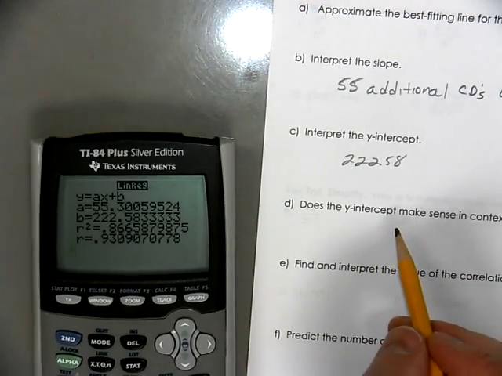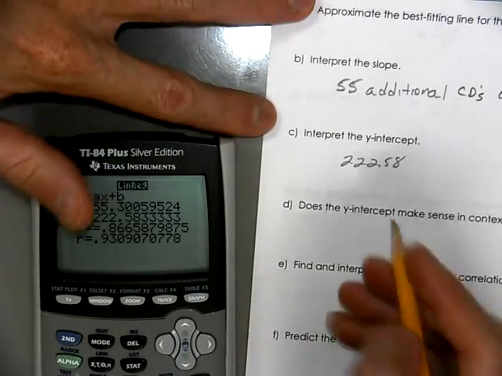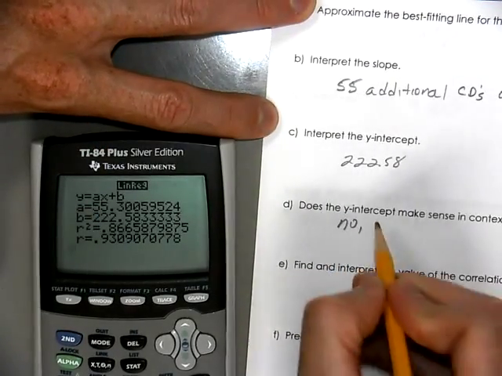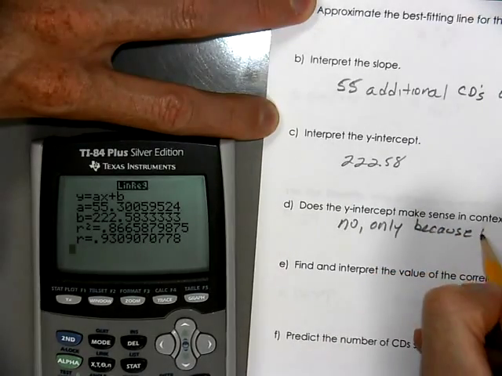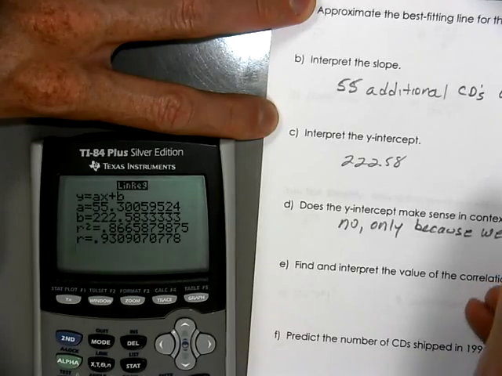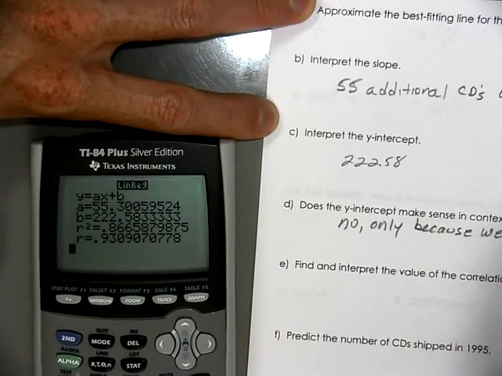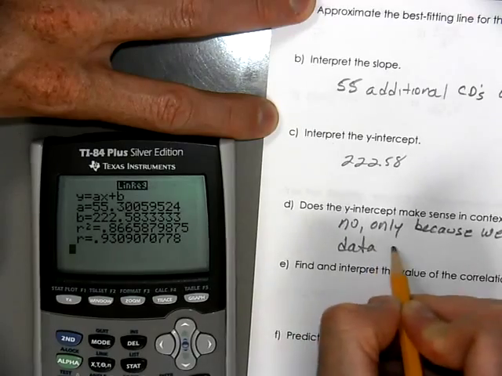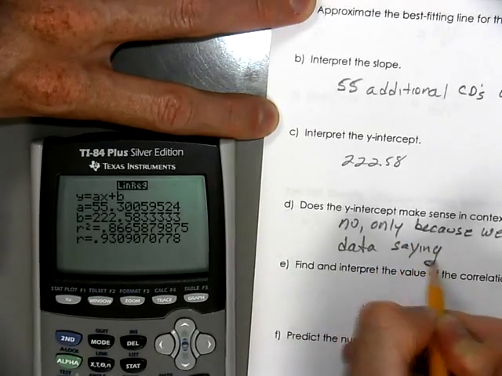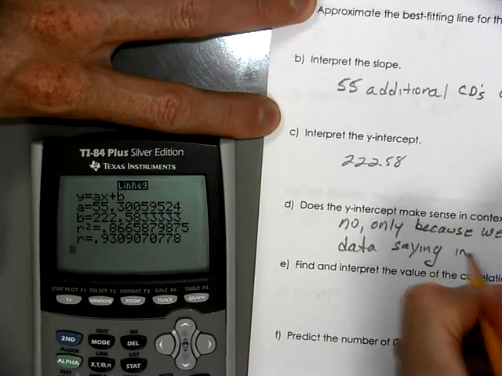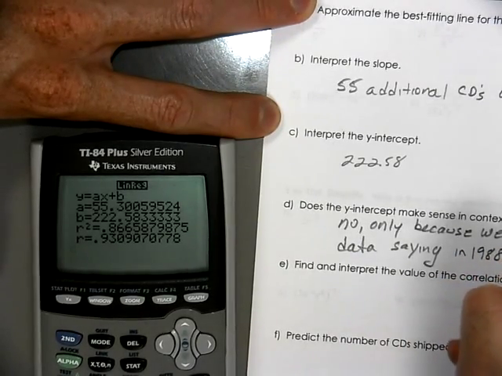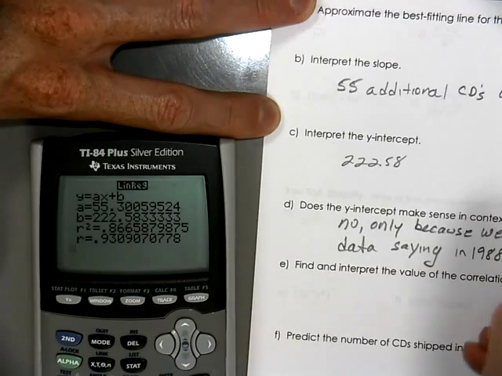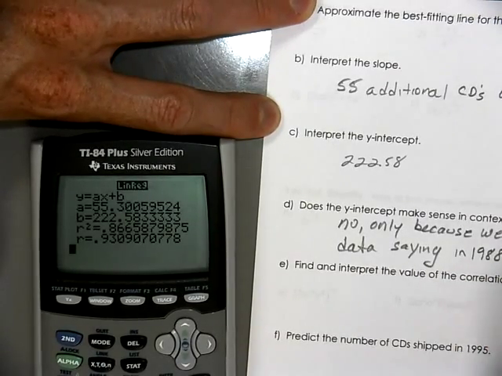Does it make sense in the context? I would say no, only because we already have data saying in 1988, 149.7 CDs were sold.